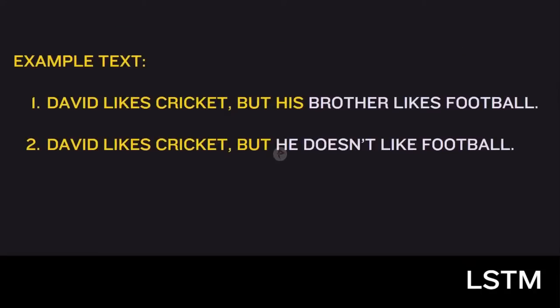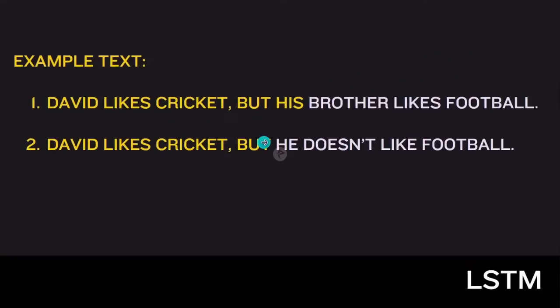For this example, we have two sentences. The first sentence is David likes cricket, but his brother likes football. And the second sentence is David likes cricket, but he doesn't like football. Consider a scenario that your LSTM or RNN has already processed till the yellow color, which means David likes cricket, but his. Till that place the sentence has been processed.